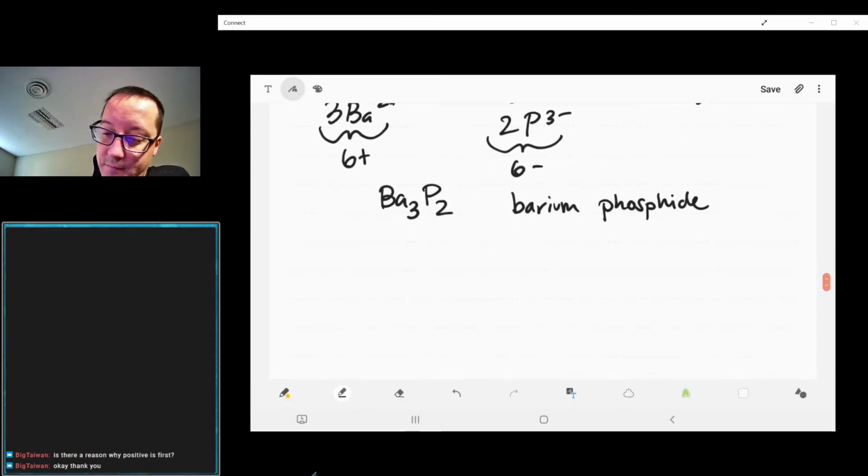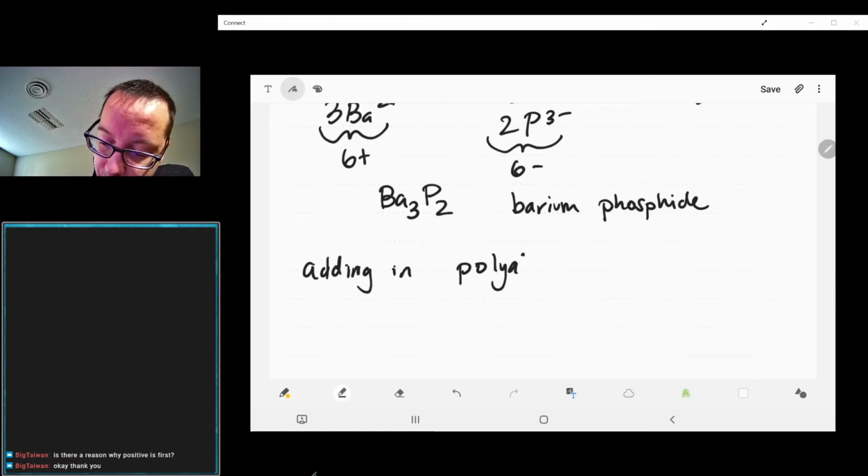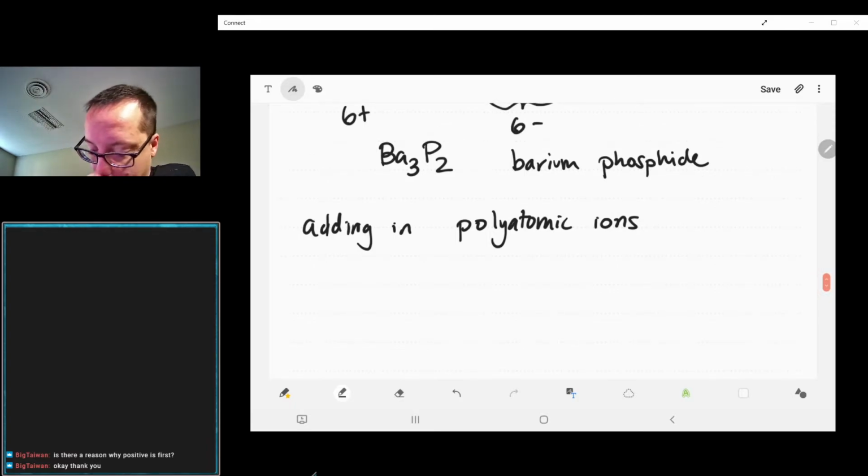Cool. All right. So, let's see what happens when we add in polyatomic ions. Okay, so there's that big old chart of polyatomic ions that's on Canvas and in Discord for you guys. You'll want to start learning that, memorizing it if possible, so that these things can come quickly to you guys.